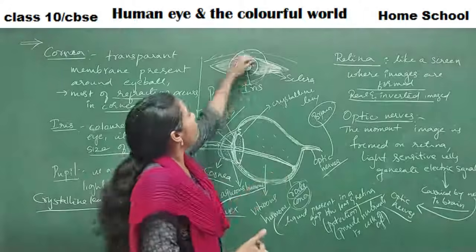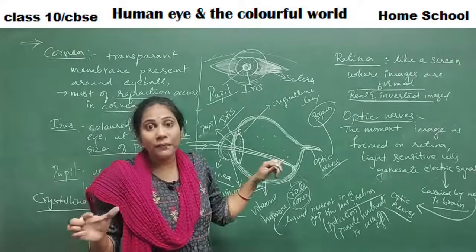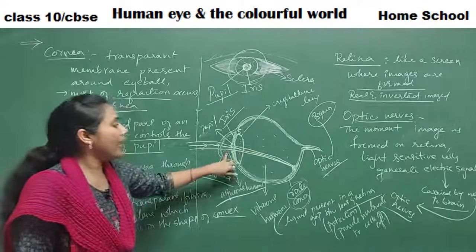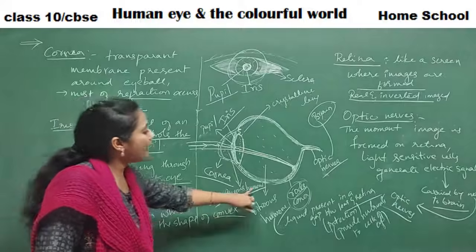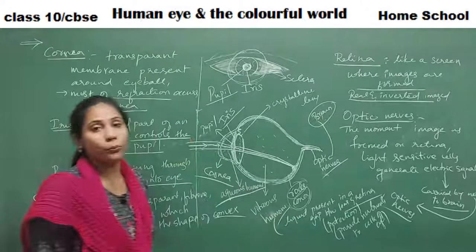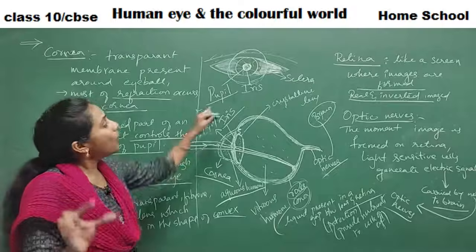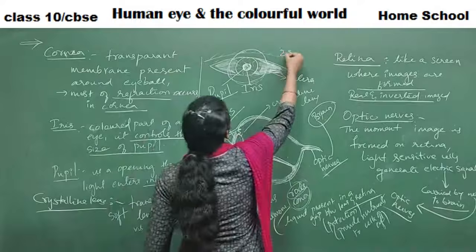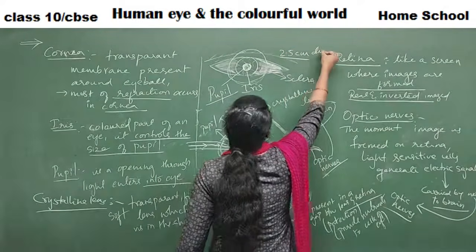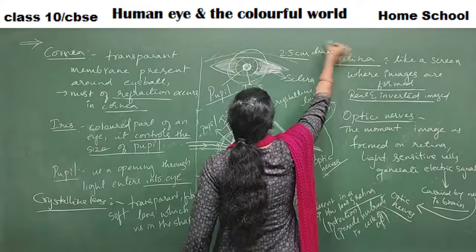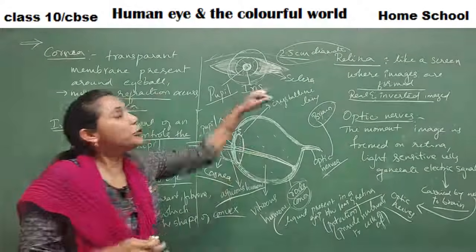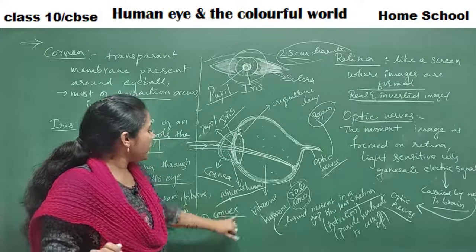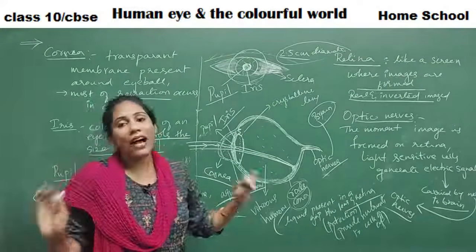So what is the shape of an eyeball, guys? It is spherical, right? And to maintain that spherical shape, these two liquids help: aqueous humor and vitreous humor. The eyeball is spherical, with a diameter of around 2.5 centimeters.